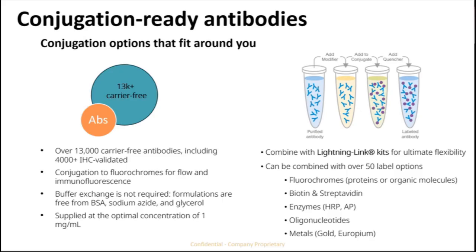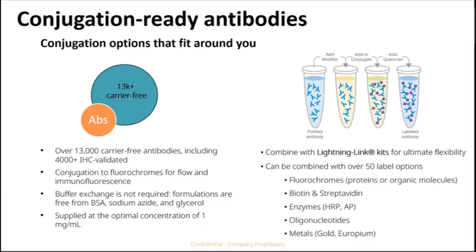So we currently have over 50 labels, including fluorochromes, biotin, enzymes such as HRP, oligonucleotides, and metals available for our Lightning-Link conjugation kits. So you can use these carrier-free antibodies directly without any further purification or concentration. So this really allows for greater flexibility in assay design, especially if you have a specific antibody clone that you are interested in.